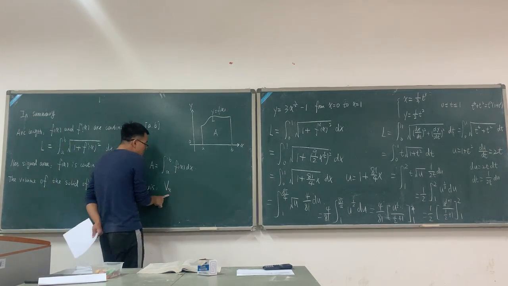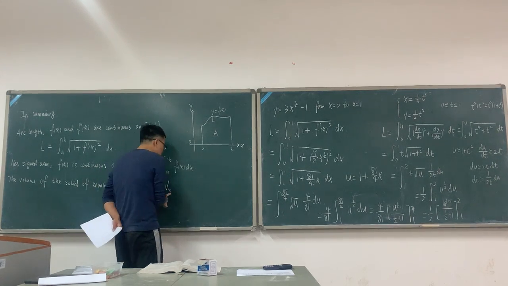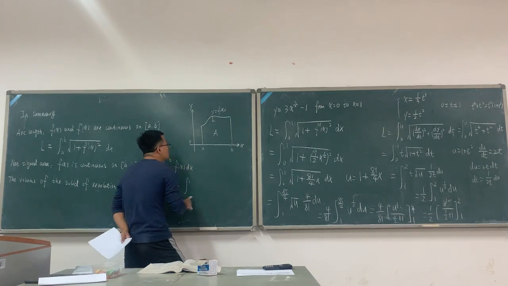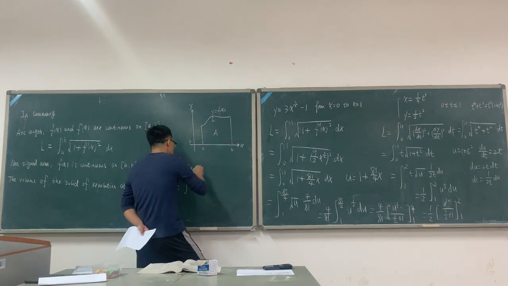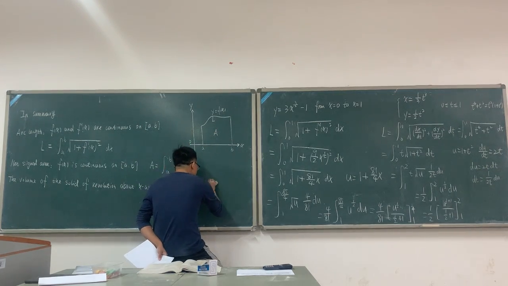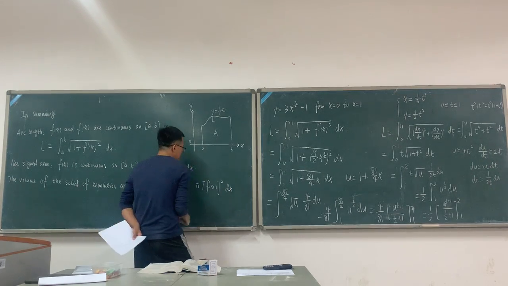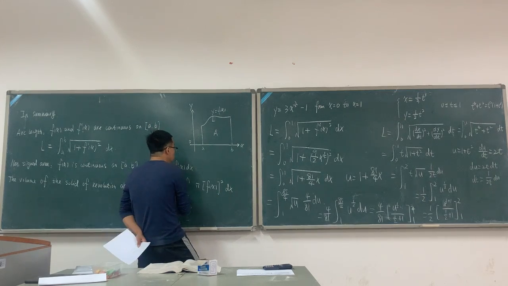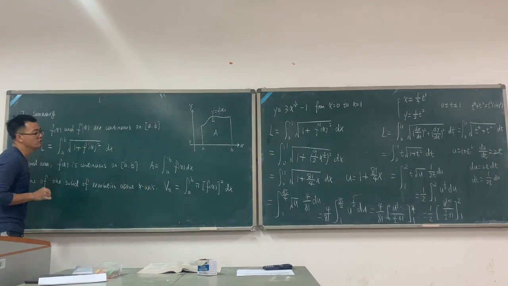Vx means revolution about the x-axis. This equals the definite integral of pi f(x) squared dx from a to b.